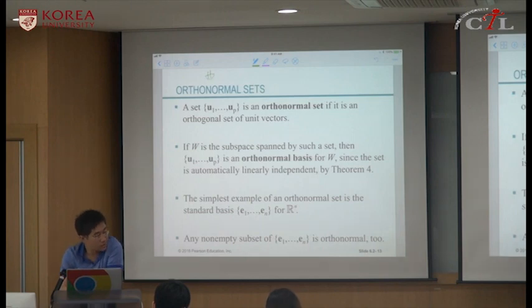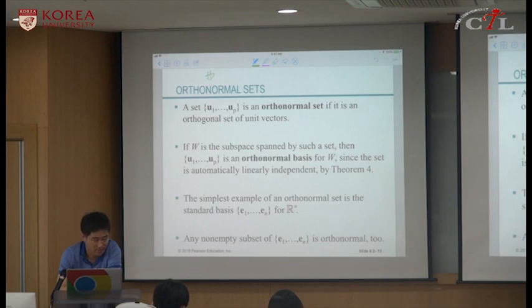The next one is this orthonormal set. So we studied the orthogonal set, where any pair of two vectors are orthogonal to each other, having 90 degrees. But in this orthonormal set, there is one more condition added: they are not just orthogonal to each other, but the length of each vector is 1.